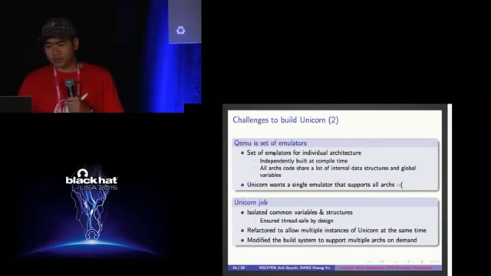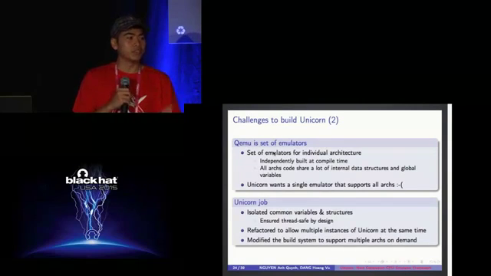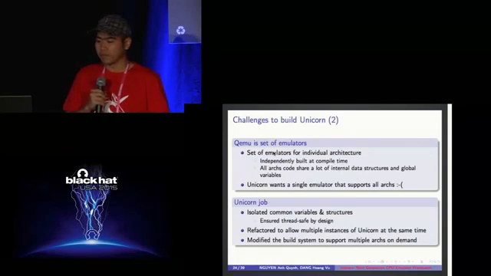So we isolated them also because QEMU has only individual binaries, they reuse the variables everywhere. They reuse data structures everywhere. So this is not good because it's not thread safe. If you just run multiple instances, it just reuses the global state, and therefore you get conflicts and so on.